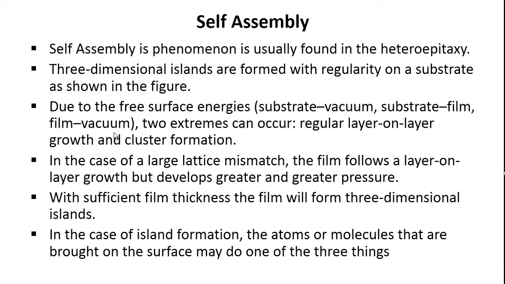So what actually causes this self-assembly? In the case of a large lattice mismatch, you know what is meant by lattice and lattice mismatch. The film follows a layer-on-layer growth but develops greater and greater pressure.